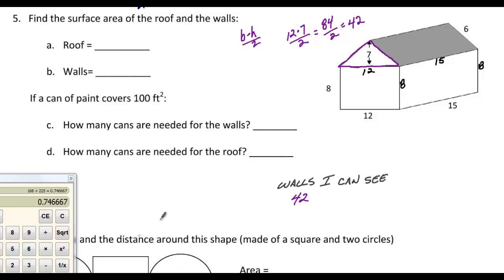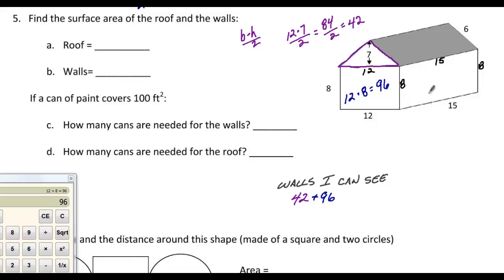Now I'm going to do the rectangle part. So I've got 12 times 8, and 12 times 8 is 96. Let me just double check that. 12 times 8 equals 96. So I'm going to be adding 96.